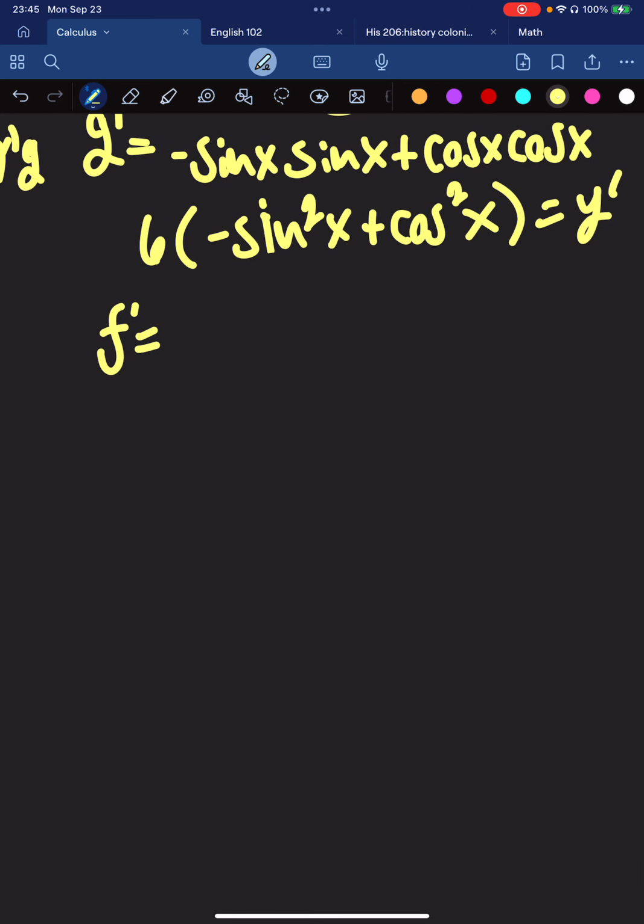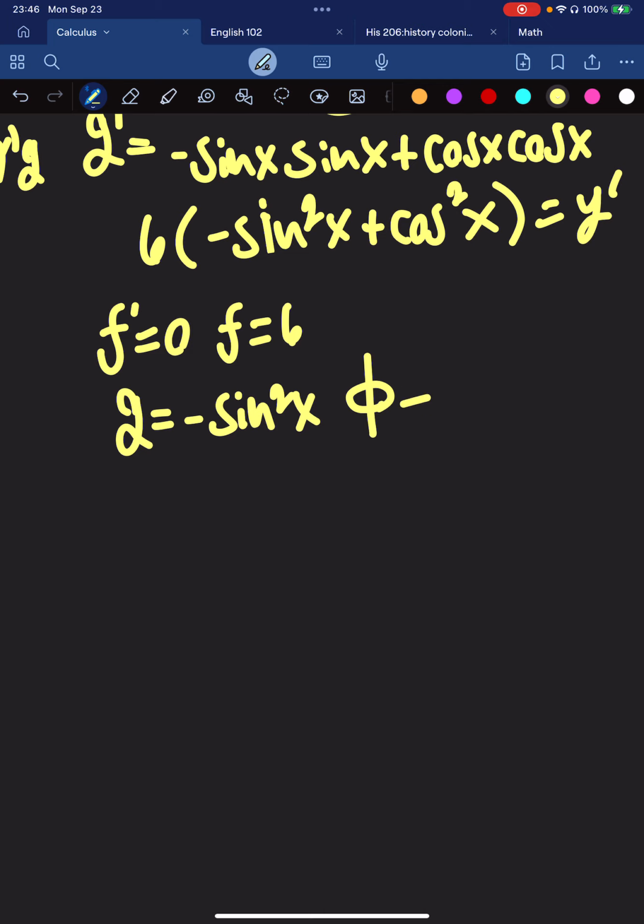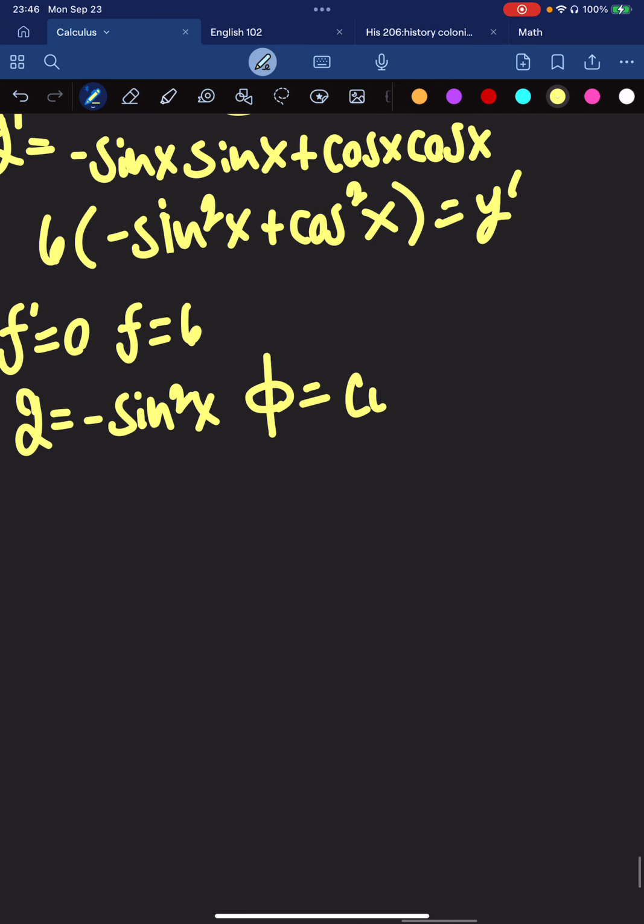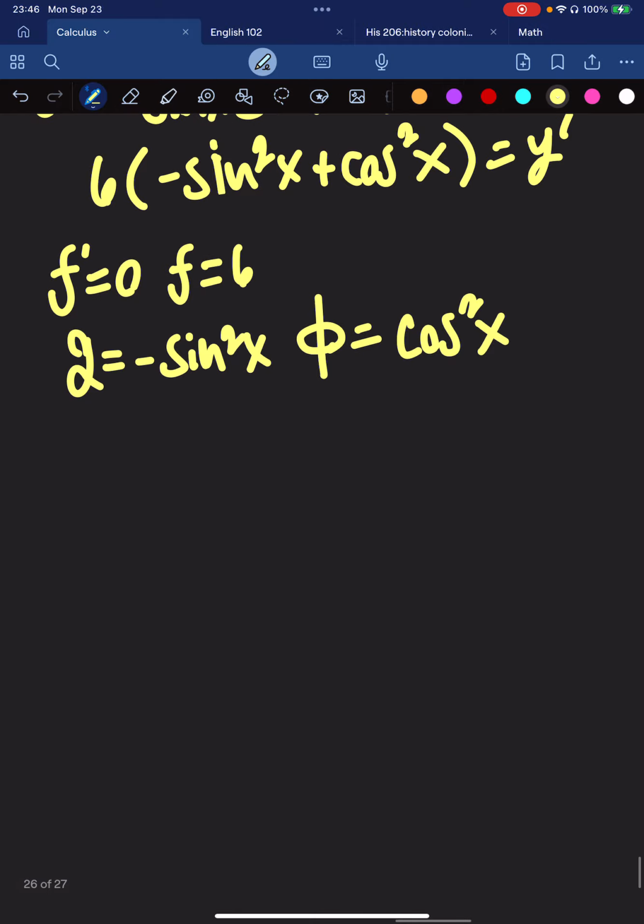Now, we'll say that f prime is equal to 0, f is equal to 6, g is equal to negative sine squared x, and we'll say instead of theta, we'll use phi. Phi is equal to cosine squared x. All right. So kind of a convoluted way we're going about this, but without the chain rule, this is what we have left.